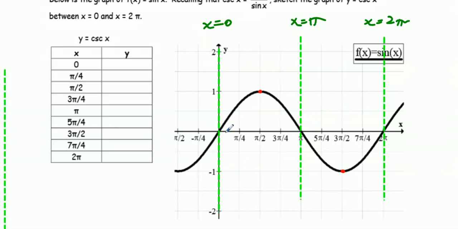So we go back to another property that we learned when graphing reciprocal functions, and that is that if your graph is increasing on the original function, so as we move along here, we can see that our graph is going up on the original, it's increasing, which means on the reciprocal it will be decreasing over that same interval.